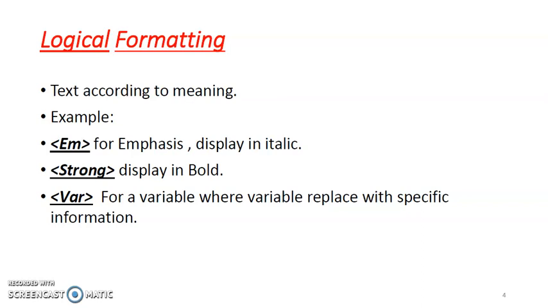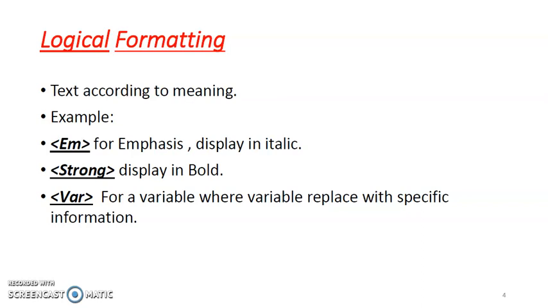The second one is the strong tag. Whenever you want text in bold, you can use the strong tag. And your third tag is var. Var is nothing but variable.